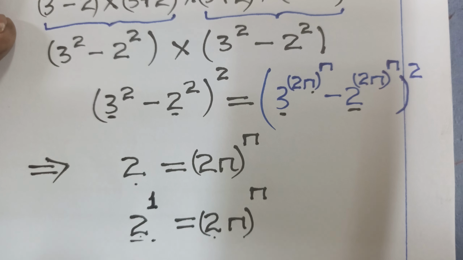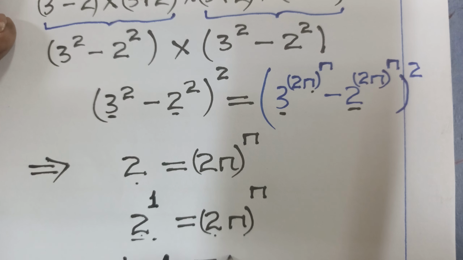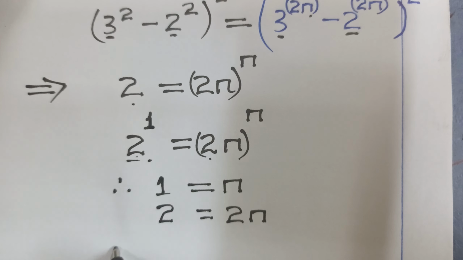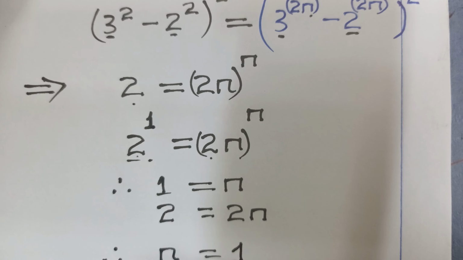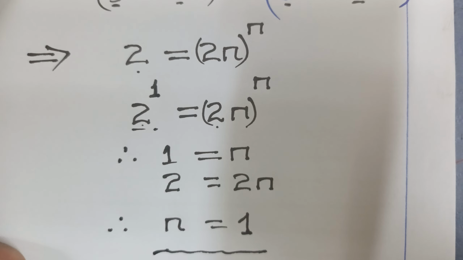And so it goes without saying then, we can say 1 equals n and 2 equals 2n. And so therefore, that tells us that n equals 1 for this first equation, and even for the second equation, n is still equal to 1. And so therefore, our solution is n equals 1.